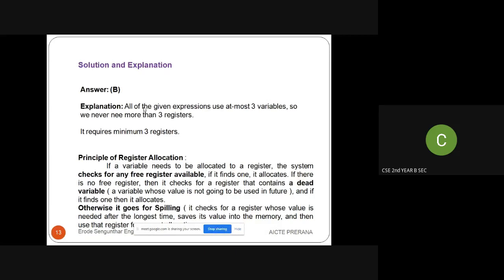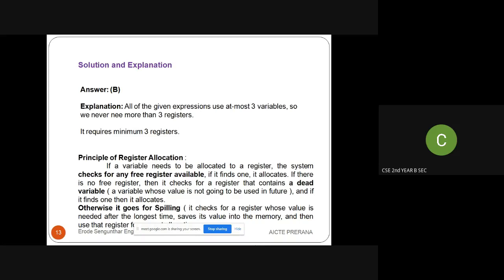Otherwise we will go for spilling. What does spill indicate? Spill means spreading, right? Like oil spill. We have come across the word oil spilled, which means it is just sprayed or spread.